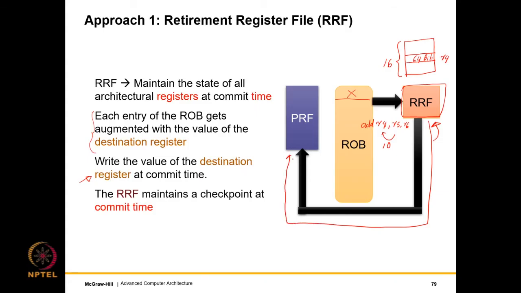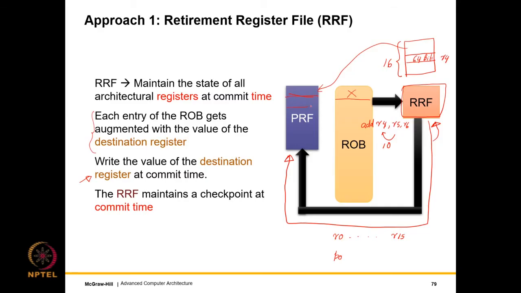So we need to create a new mapping in this case. The rename table also should be modified. I'm not showing that. Since we are cleaning up the pipeline, we have the liberty to also clean up all the mappings and start from a fresh state. If our architectural registers are numbered R0 to R15, then we can map R0 to P0 in the rename table, and in the entry for R0 we can write the contents of R0 from here.